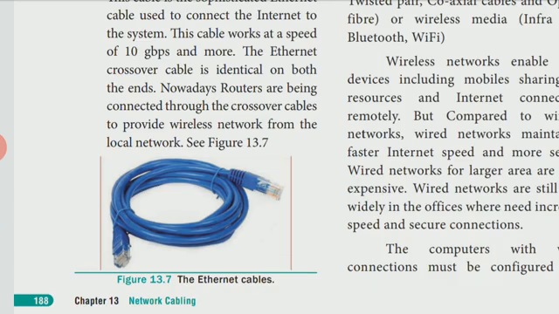Most computers nowadays use this to transfer data. There is no need for a modem in between, it will automatically transfer the data. Mostly this cable is available in blue color, and both ends are the same model of plug.